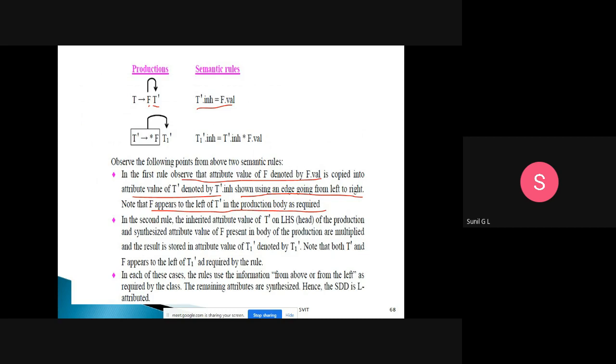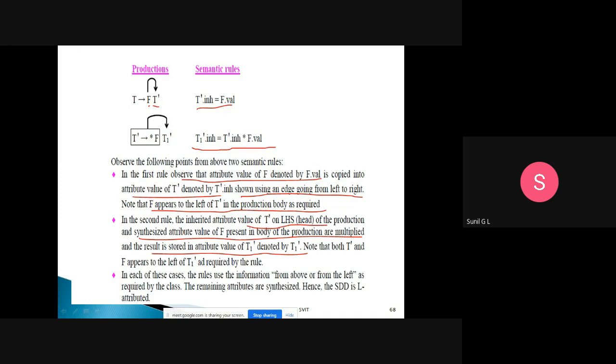In the second rule, the inherited attribute value of t' on the LHS, the head of the production, and the synthesized attribute F present in the body of the production are multiplied, and the result is stored in the attribute value of t' denoted by t1'. So here t1'.inh times f.val is multiplied and copied to t1'.inh.